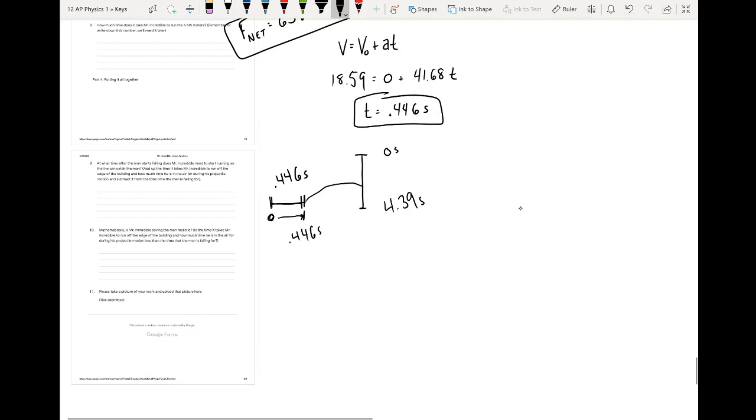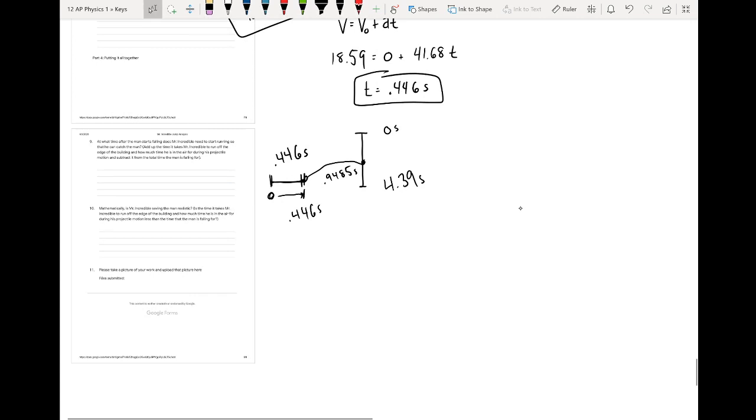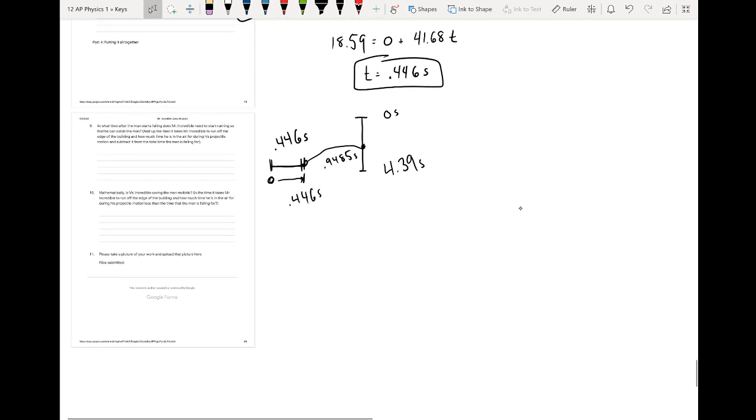And then after that jump, it was 0.9485 seconds for him to jump across that gap and catch the guy. So in total, his full motion from the start to the part of the jump where he catches the man takes a time of 1.3945 seconds. So we just add those up.